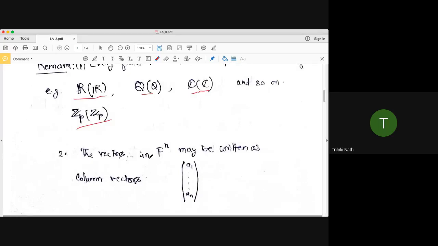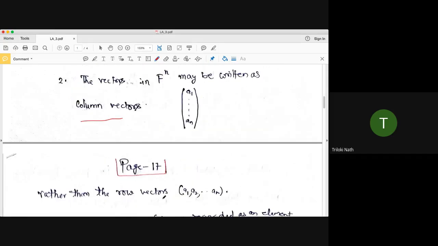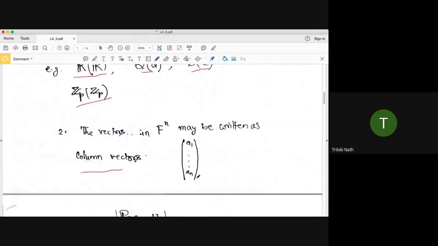Okay, so the second remark is the vectors in Fn may be written as column vectors also, because an n tuple may be written like A1, A2, An rather than row wise. In a row you have to put commas, but if you write in a column, then no need to put commas. Just A1, A2, A3 and so on. This is the more appropriate way to write the n tuples.